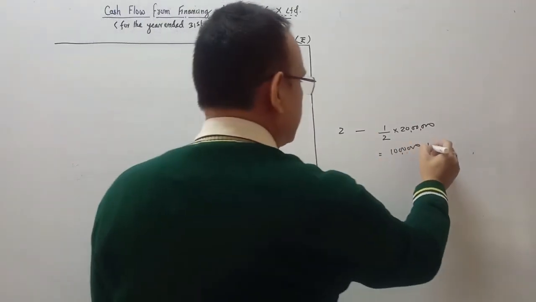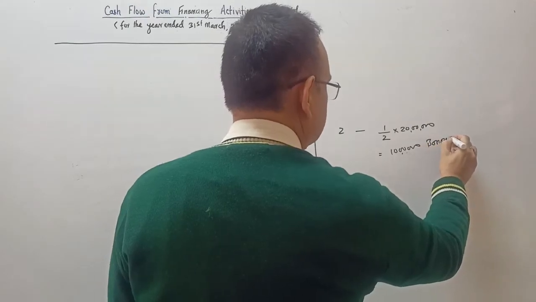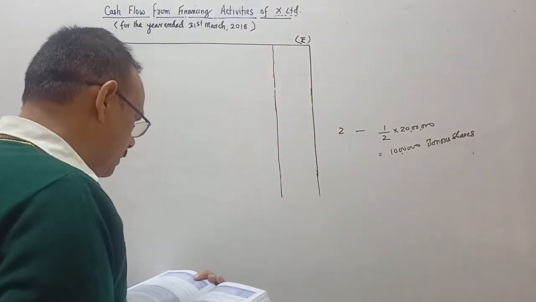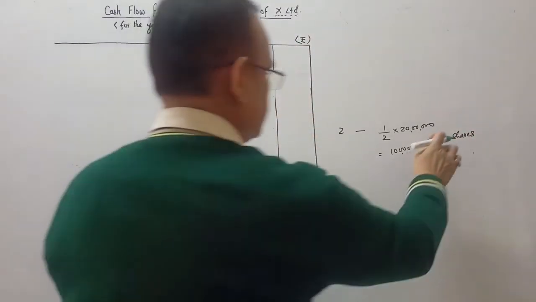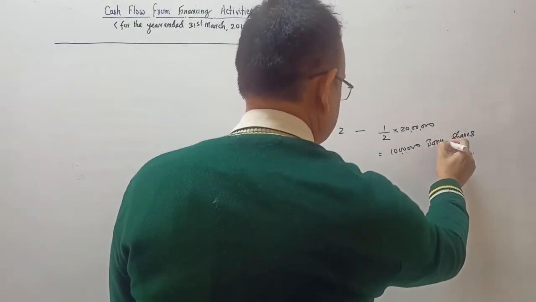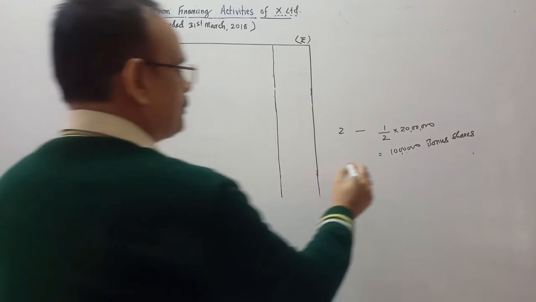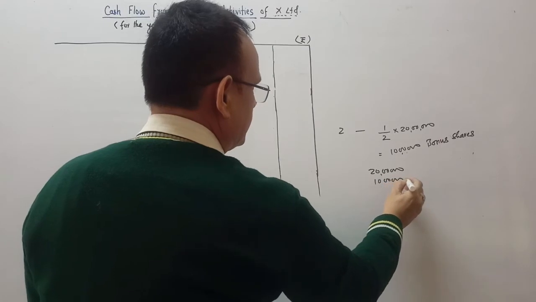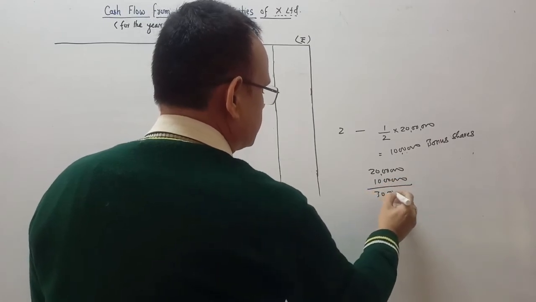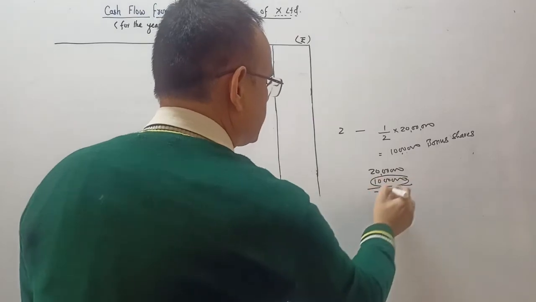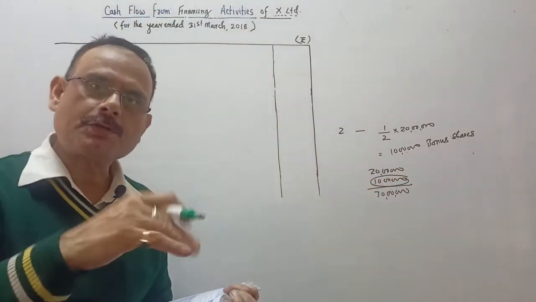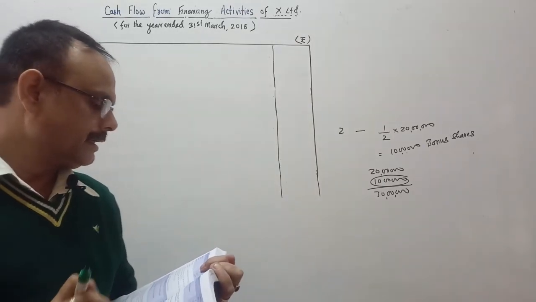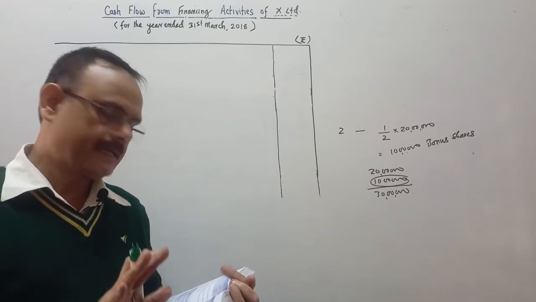So the previous balance was 20 lakhs and 10 lakhs is the bonus share, so the current share capital is 30 lakhs. When it is increased from 20 to 30 lakhs because of bonus shares, there is no inflow of cash under the equity share capital. Number 1, is it clear?